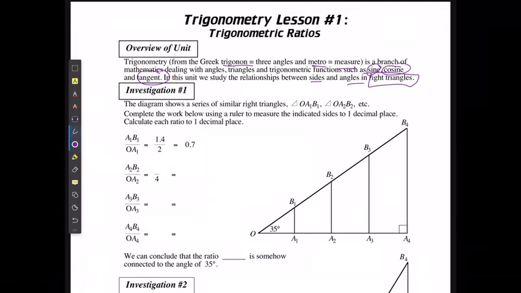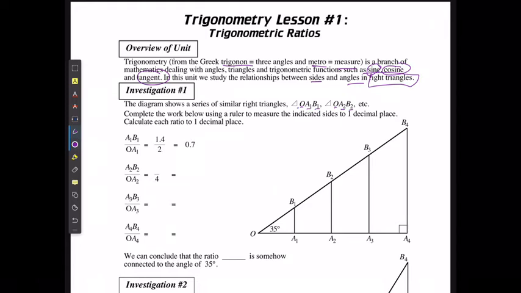So first, the diagram shows a series of similar right triangles starting at the origin in A1 and B1, and then the origin in A2 and B2. It wants us to complete the work using a ruler to measure the indicated sides to one decimal place. Well, I'm not going to assume that you have a ruler readily available, so I'm just going to tell you.